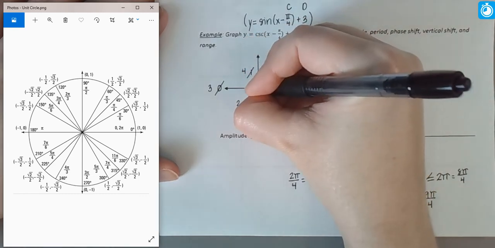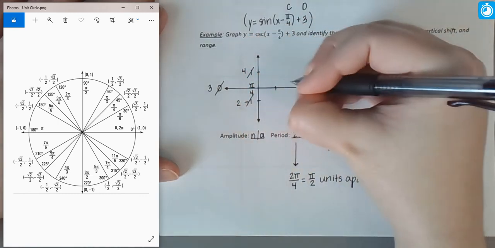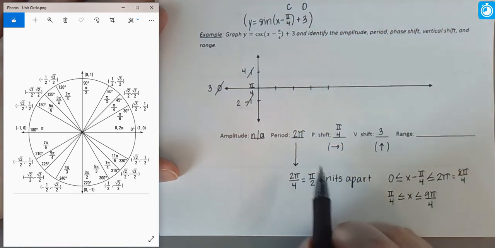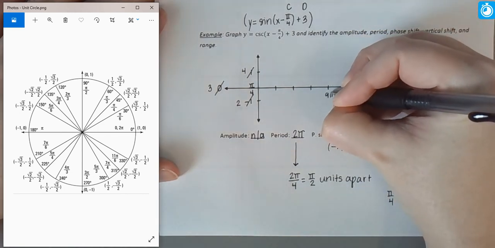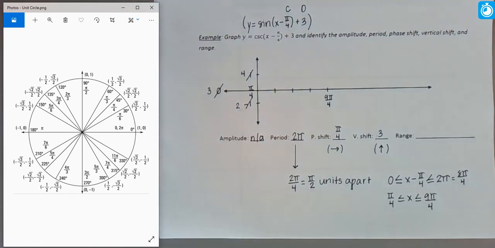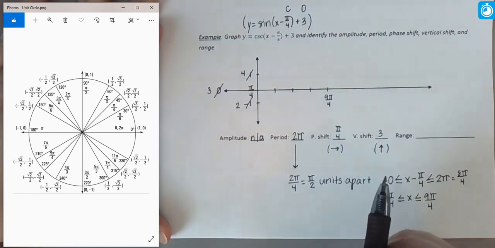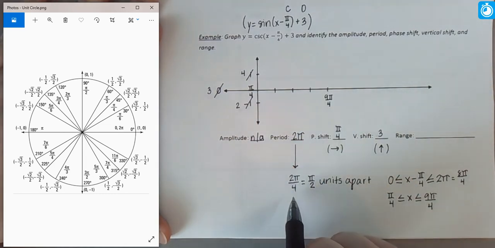So this is going to be the new starting point, and this the new ending point of our graph. So we're going to start at pi over 4, and then moving by equal increments. We already determined each of these is going to be pi over 2 units apart from the previous one. And then we're going to end at 9 pi over 4. Okay, now here, if we can count by pi over 2, we can do that. Here's a thought: if you don't want to have to write out algebraically how you find each tick mark, we're counting by pi over 2, but it's the same thing as counting by 2 pi over 4.